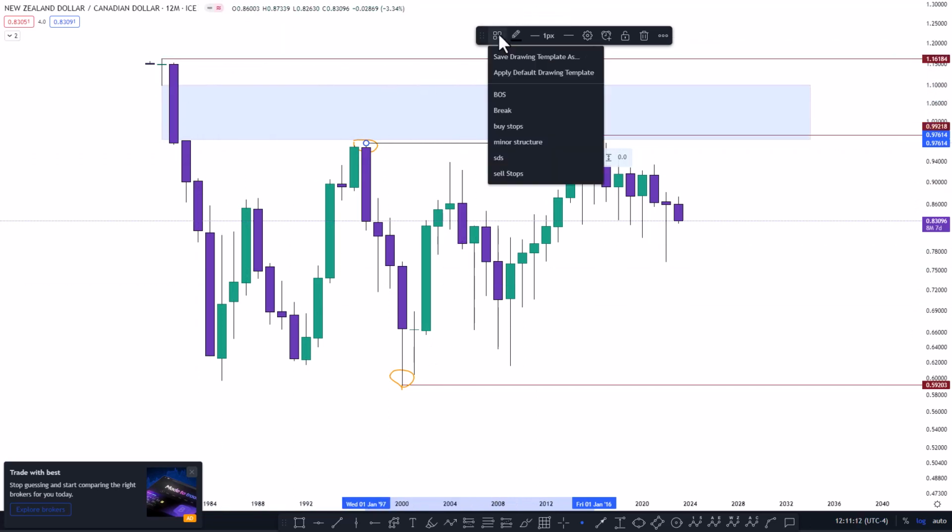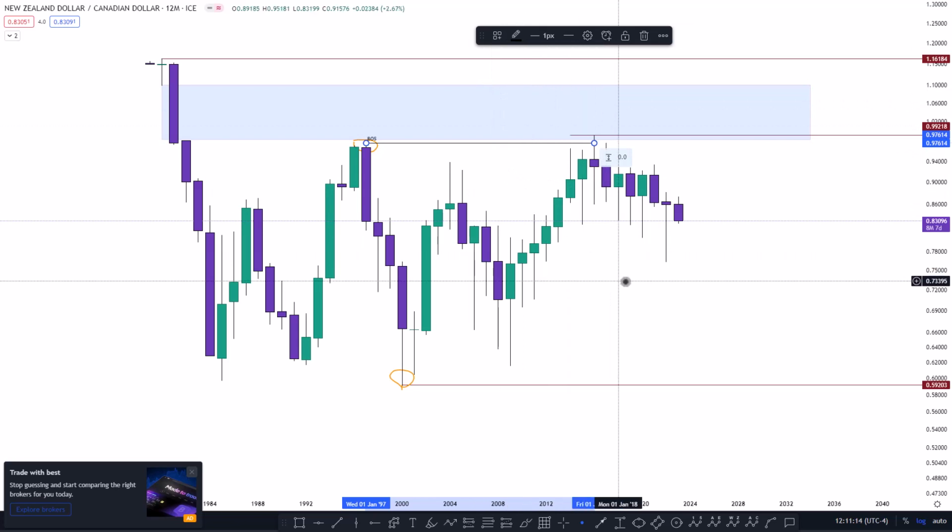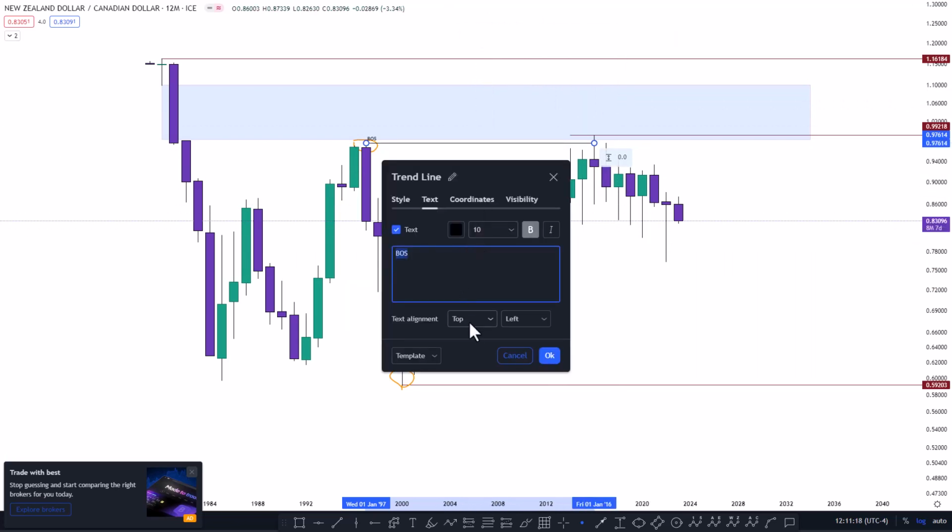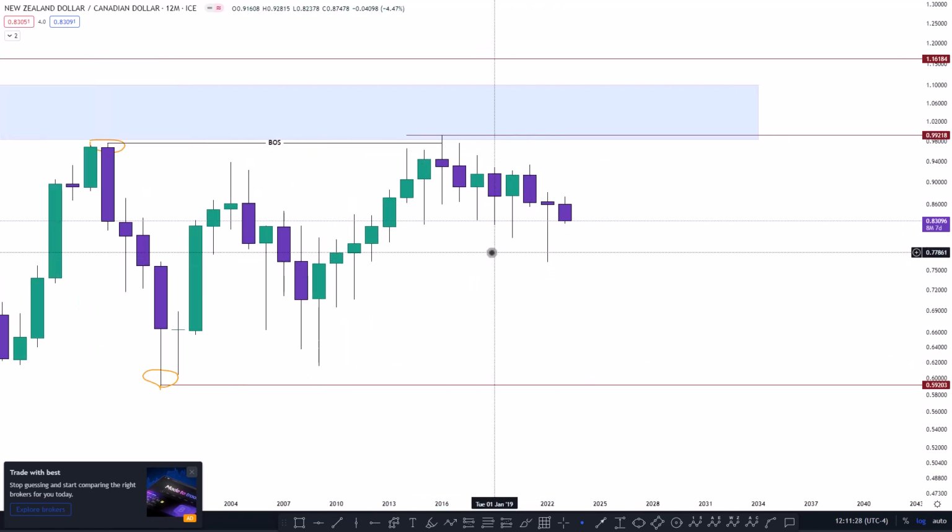We know what the market is trying to achieve. This is a break of structure, this is a break of structure, this is a break of structure to the upside.